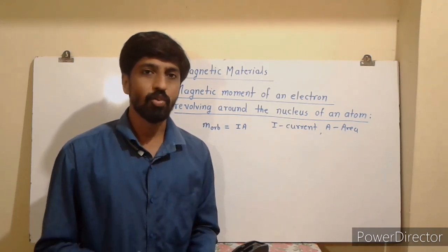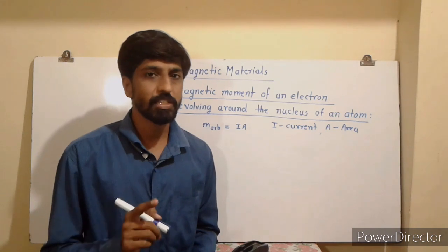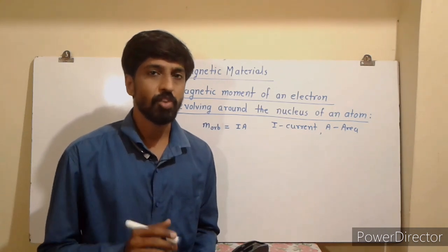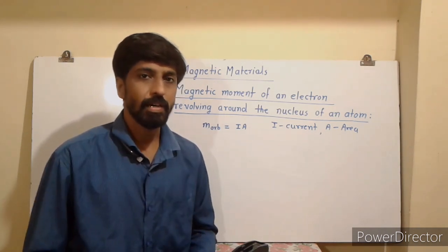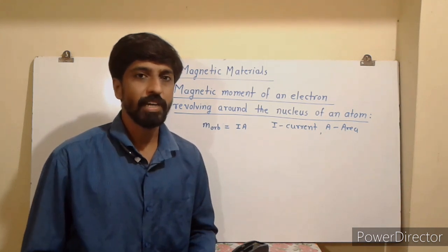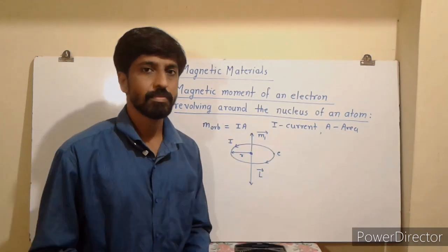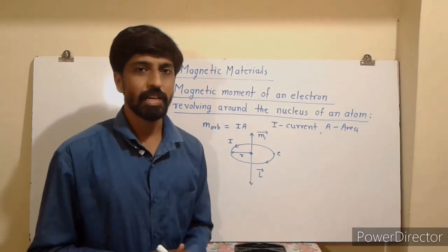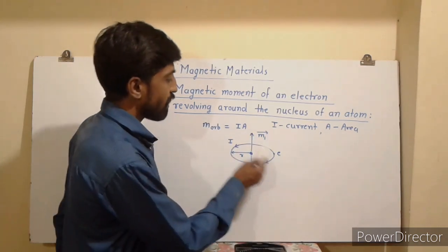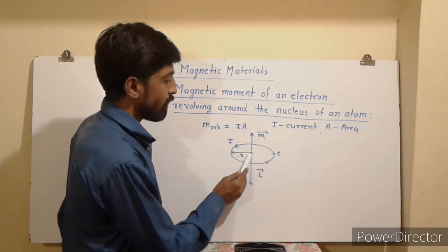Consider an electron moving with a constant speed v, orbiting in a circular orbit of radius r about the nucleus. Here we have considered one electron which is revolving around the nucleus.